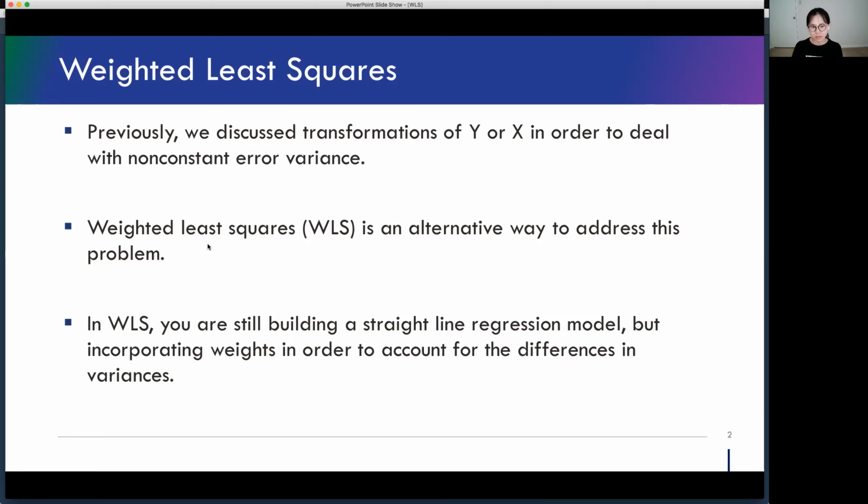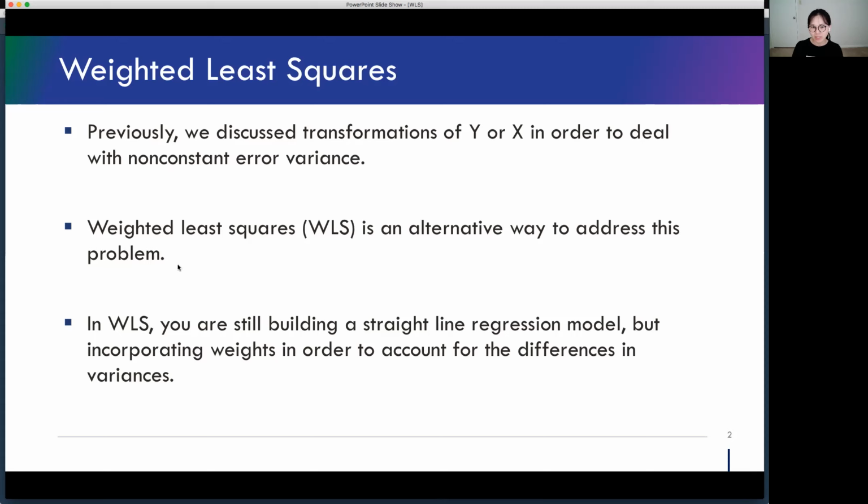And this week's lecture follows the transformations that we discussed last week, where we have to transform y when we have non-constant error variance, or we transform both x and y, etc. just for the problem of non-constant error variance.